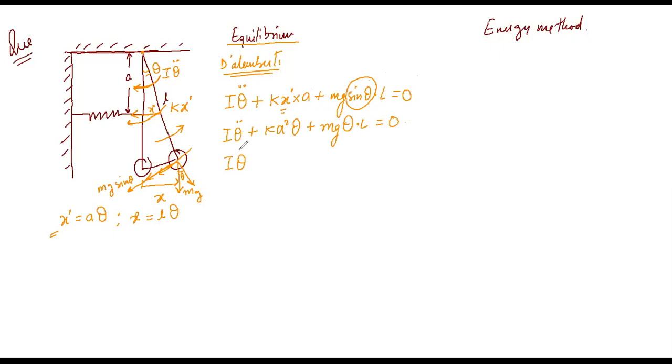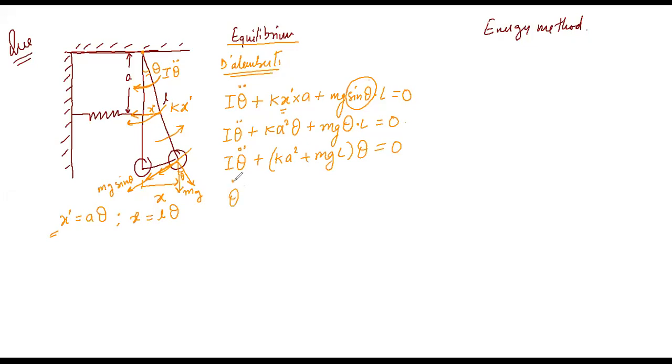Now I theta double dot plus k a square theta plus mgL theta is equal to 0. So you can say that this is the required equation.